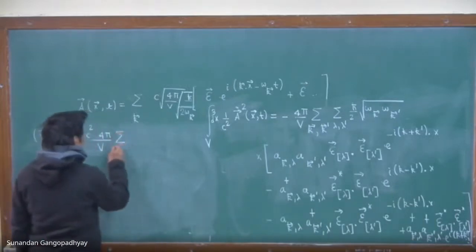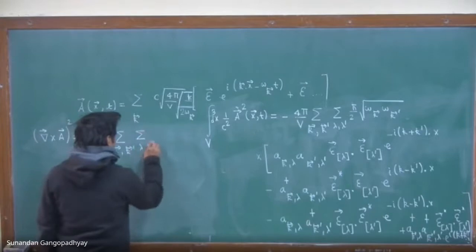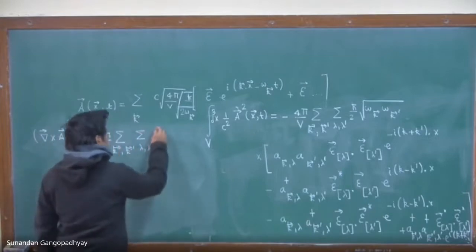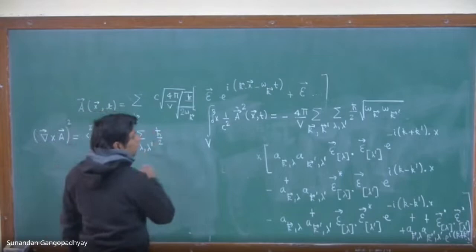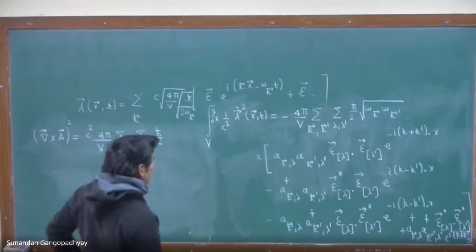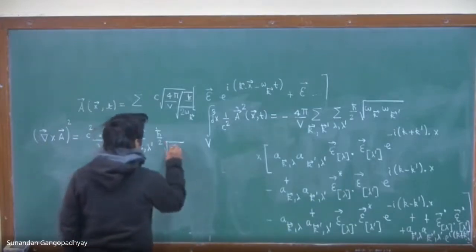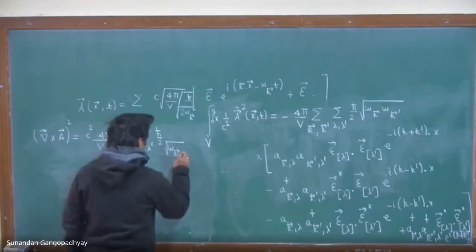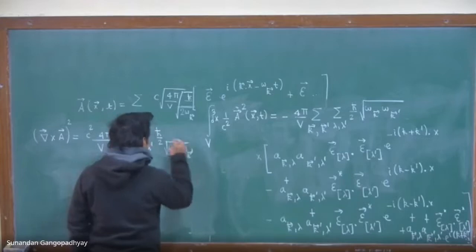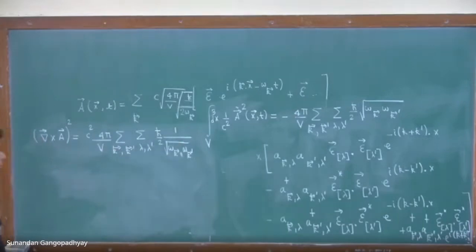Then we shall have summation over k and k prime, summation over lambda and lambda prime. Then we shall again have h bar by 2. And here we have to be careful, because you will obviously have this factor downstairs, omega k prime will be in the denominator now.